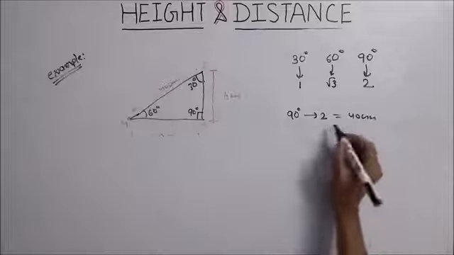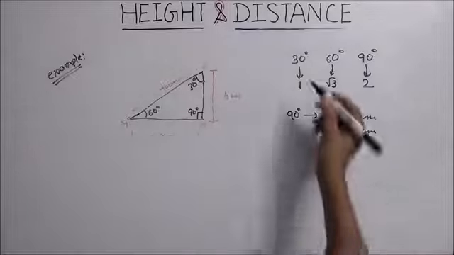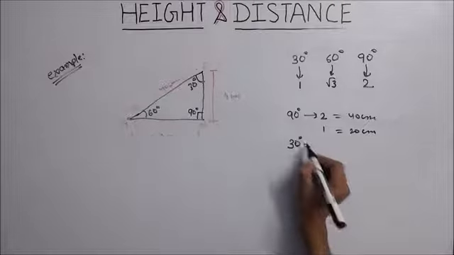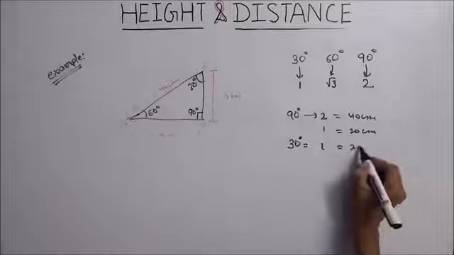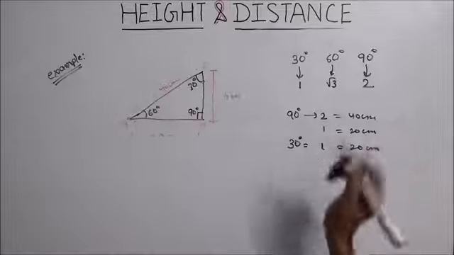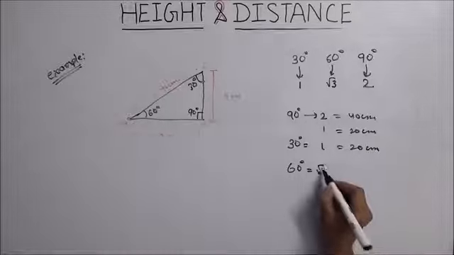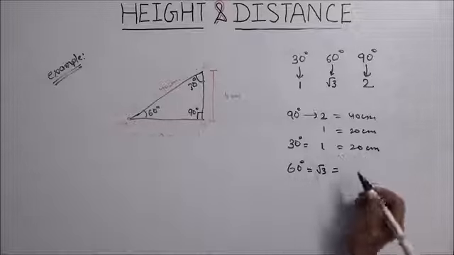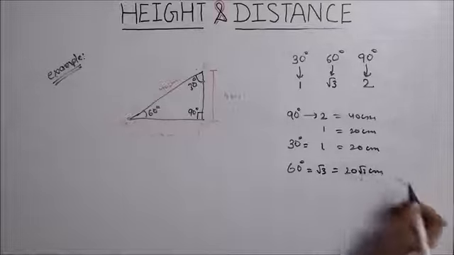When 2 is equal to 40 centimeter, one part is equal to 20 centimeter. If we calculate the 30 degree angle, its value is 1, and we already find the value of 1, that is 20 centimeter. If we talk about the angle 60 degree, the value of 60 degree is root 3. When one part is equal to 20 centimeter, root 3 part is equal to 20 root 3 centimeter.